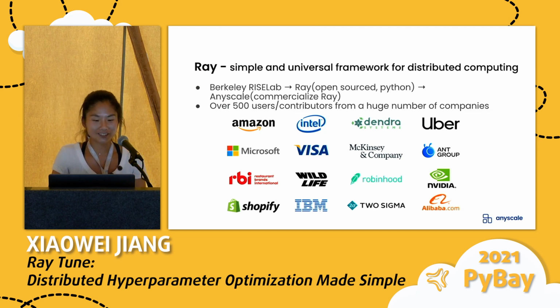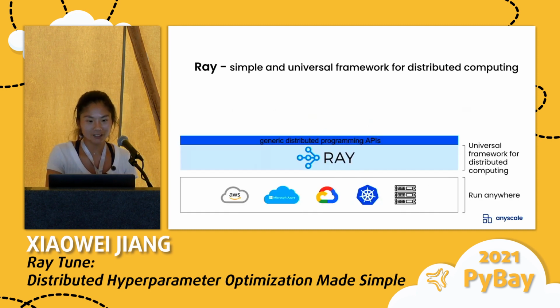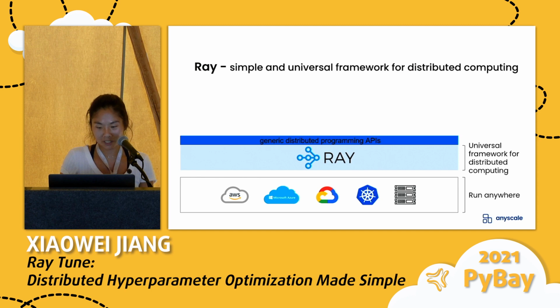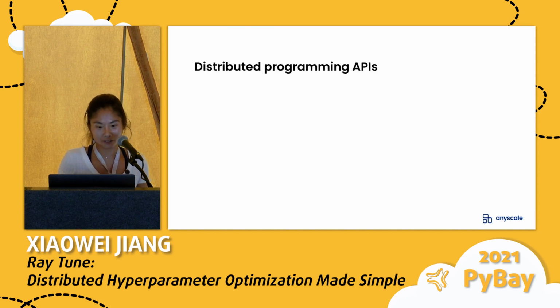On the other hand, Amazon is using Ray to improve their data processing throughput to over 1 petabyte per hour, while decreasing their cost by 90%. Ray can be run anywhere, from public cloud to on-premise cloud to Kubernetes, as well as just your laptop. It provides a generic and low-level distributed programming API so that distributed applications can be built on top of it.